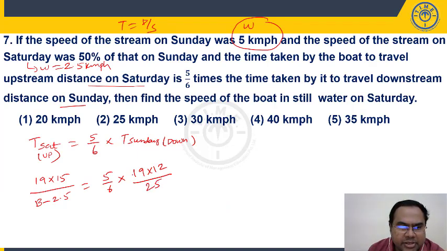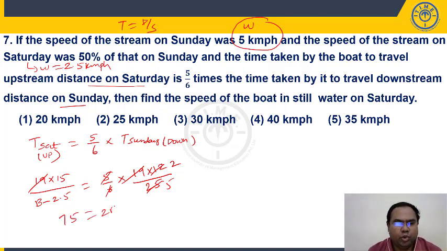Now see here students, 19 and 19 will get cancelled. So 5 goes 5 times, 6 goes 2 times. Okay, 75 is equal to 2B minus 5, or I can say 2B is equal to 80. From this I can say B is equal to 40 kilometers per hour.